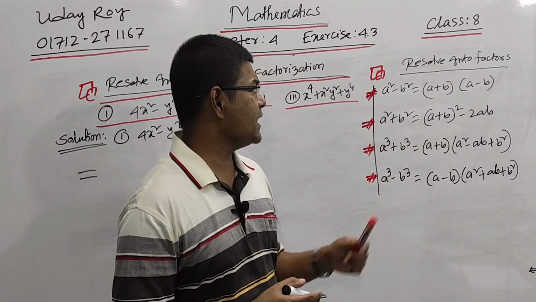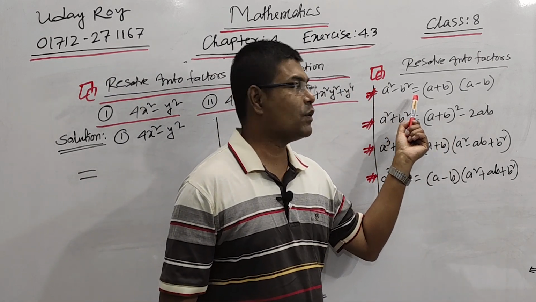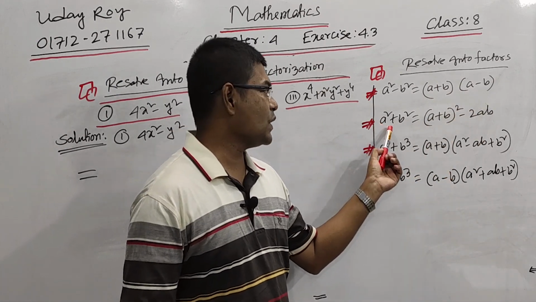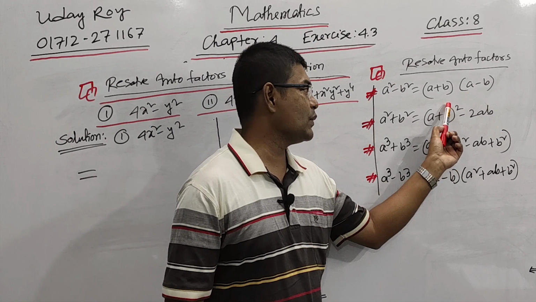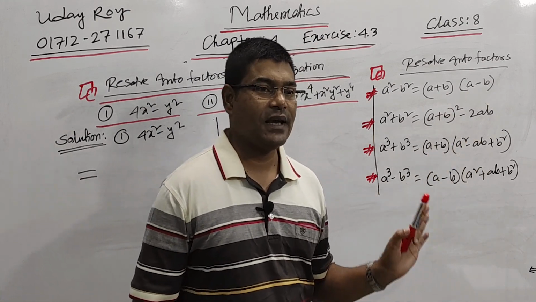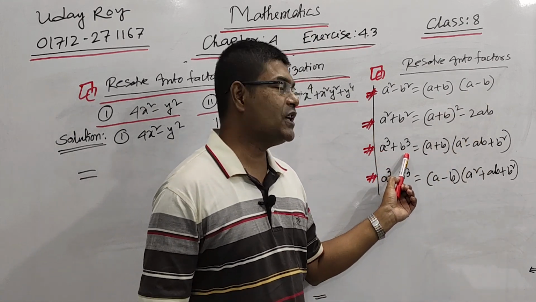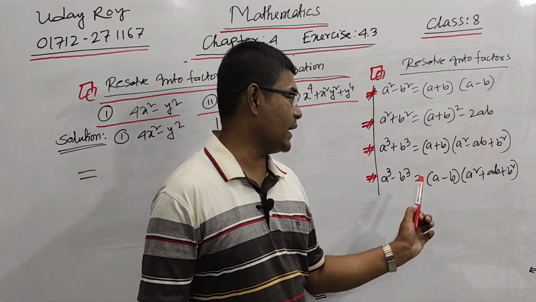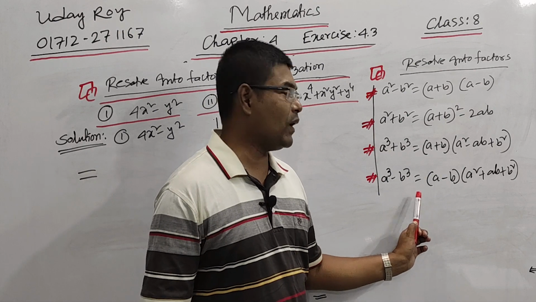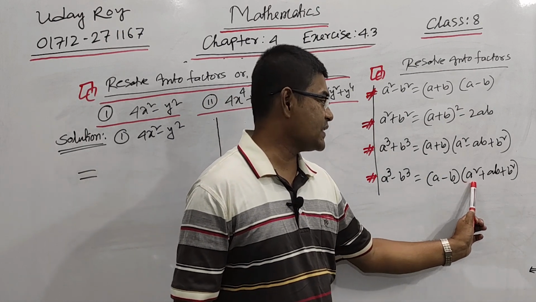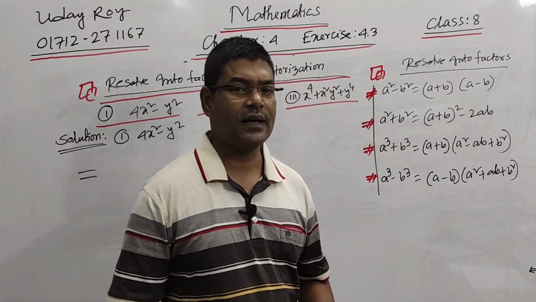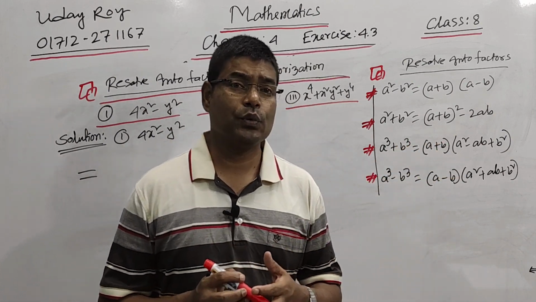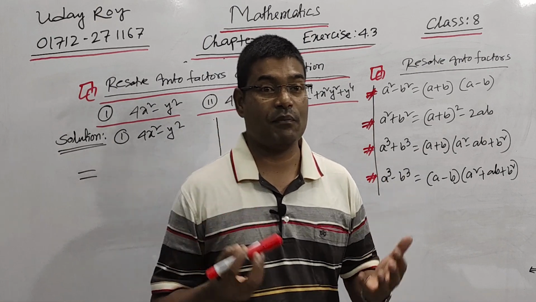You can see a square minus b square equals (a plus b) into (a minus b), and a square plus b square equals (a plus b) whole square minus twice ab, and a cube plus b cube equals (a plus b)(a square minus ab plus b square). A cube minus b cube equals (a minus b) into (a square plus ab plus b square). And for the remaining maths you have to take common and do middle term breaking.